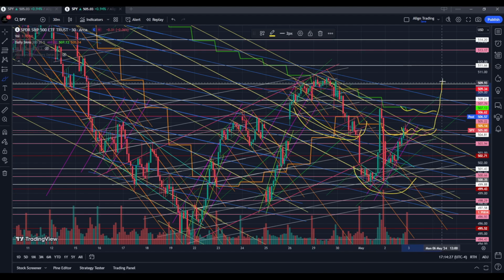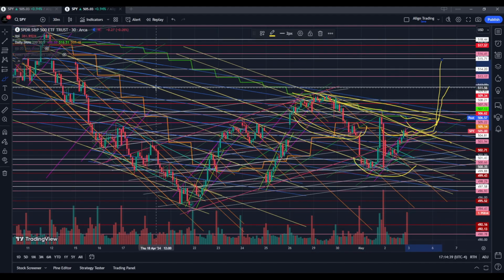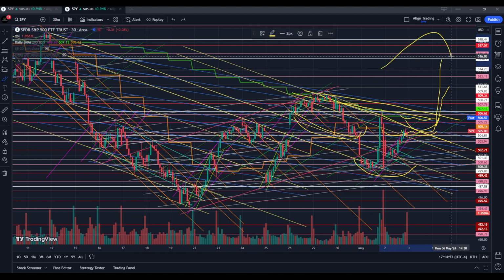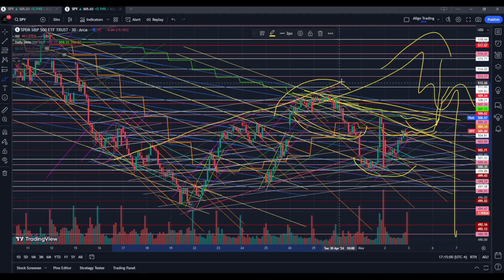So if we start to hold the moving averages, look for a move to break out of this controlled algorithm right here, this yellow as well as this blue, and possibly start filling this cup right here back to 516 and retesting these areas before maybe we are able to then form a head up here and grab this shoulder if we want to go back down within this pink flag right here.